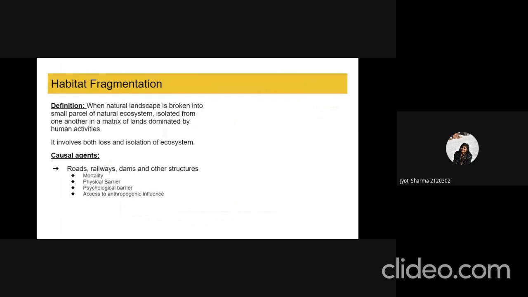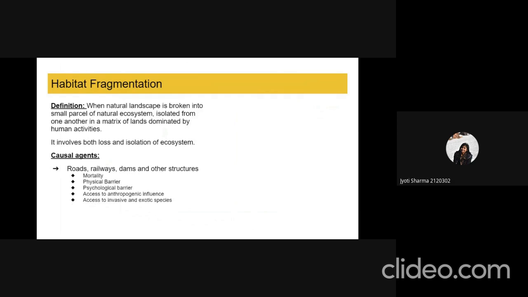Then we have access to anthropogenic influence. If we construct a road or railways, humans can enter the core area of the forest very easily. Because of human interference, and you know that humans always cause some kind of destruction, this habitat fragmentation can lead to the loss of species.